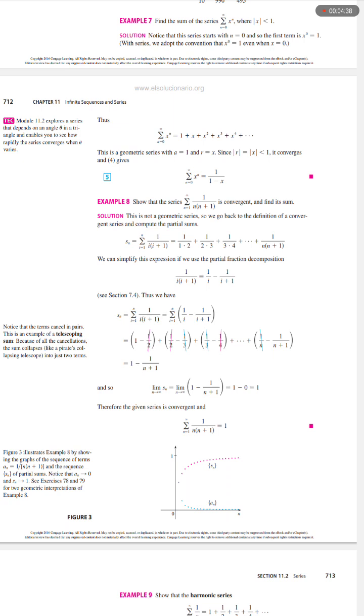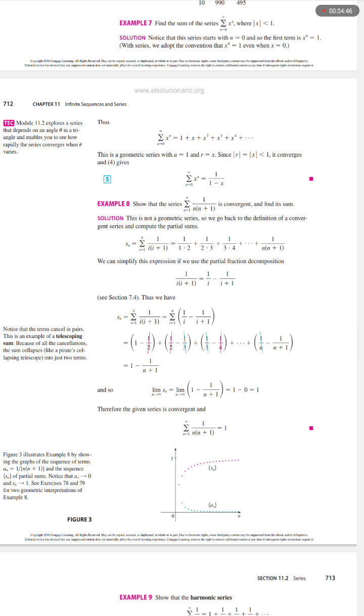Therefore, the given series is convergent, and the sum from n equals 1 to infinity of 1 over n times n plus 1 equals 1.